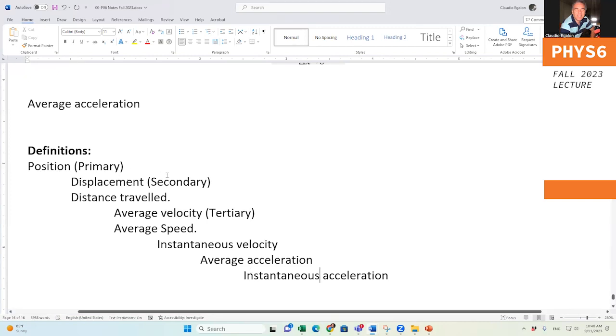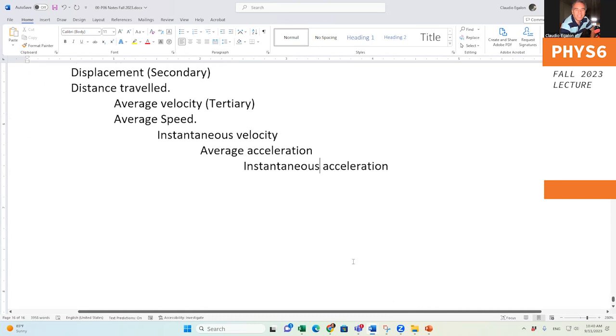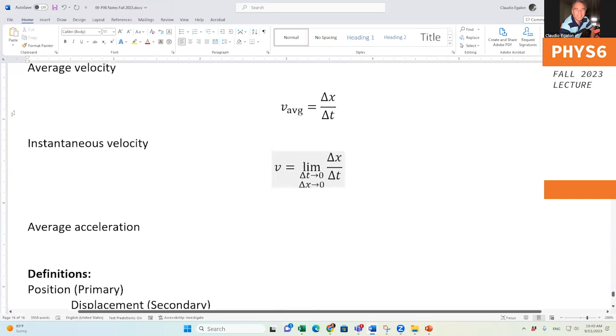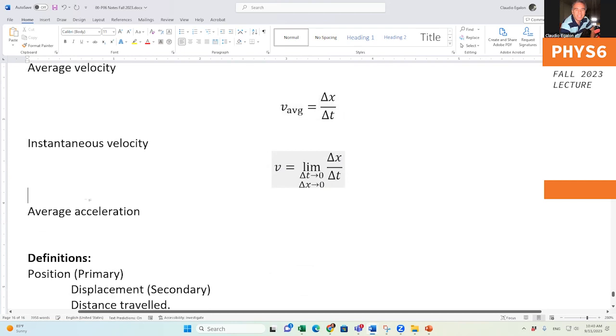You can go primary, secondary, tertiary, quaternary, and so on. How is average acceleration defined? Just go back to the definition of average velocity.